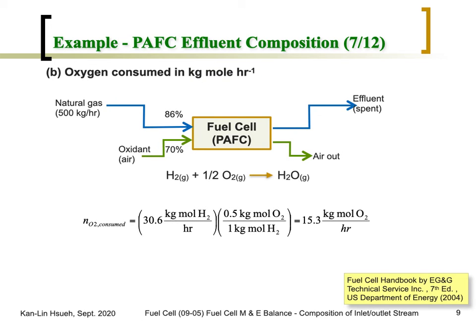We already know the hydrogen consumption rate, so we just multiply by 1/2, and we end with the oxygen consumption rate. That's about 15.3 kilomole per hour of oxygen. So far we know the hydrogen consumption rate and the oxygen consumption rate.